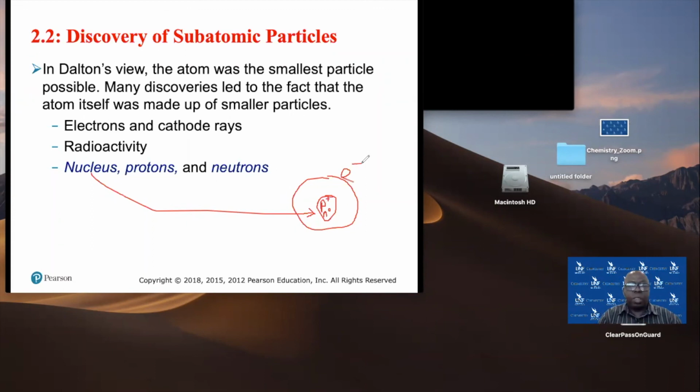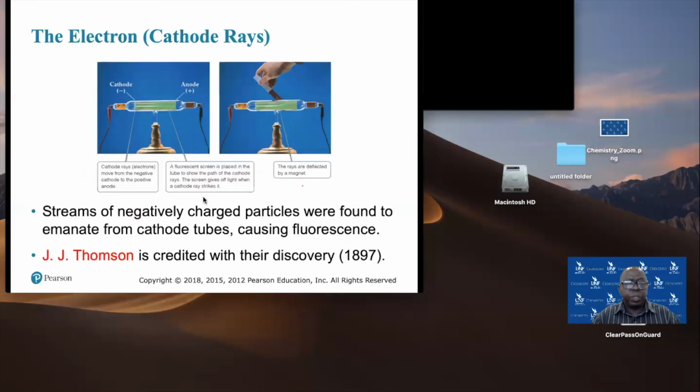I know you have seen this illustration. How did they end up with all this, knowing that they are inside, they are outside? Different scientists made contributions towards the atomic model, and you need to know how they went about discovering each subatomic particle.